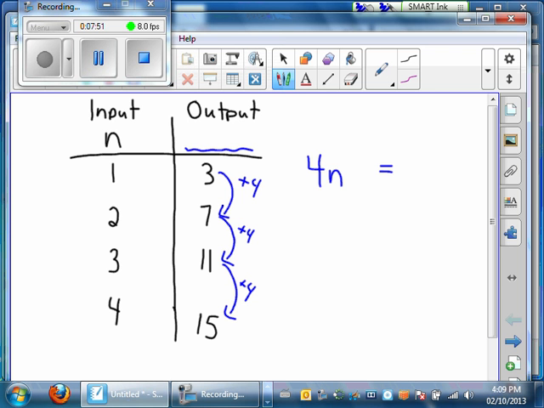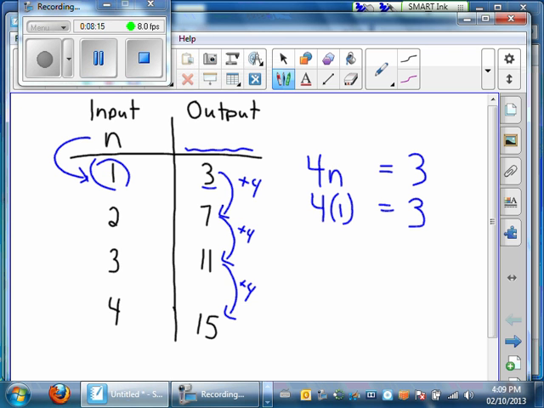All right, so let's start with number 1 because I always like to start with a small number first, and 1 is always a good one. So we know that when n is 1, so when we put the number 1 in for n, the final answer is going to be 3. So let's do that. 4 times 1 has to equal 3.